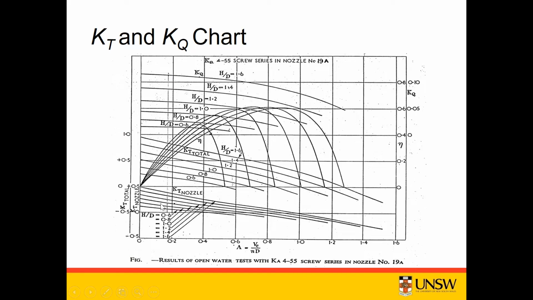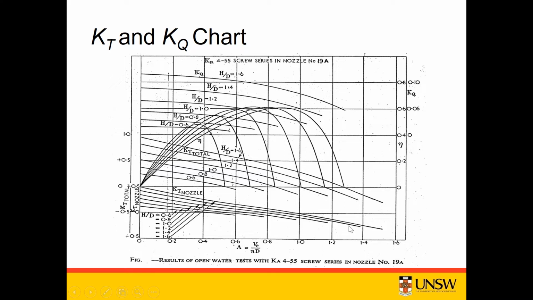That is the lift in the forward direction, which is obtained by having the aerofoil shape on the nozzle. And you can see over here on the left, these values at J = 0, that is at the bollard condition, the KTN can be up to half of the value of the total KT for the nozzle and propeller combination. And the proportion decreases as the advance coefficient increases up here.